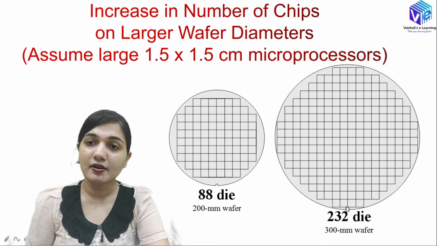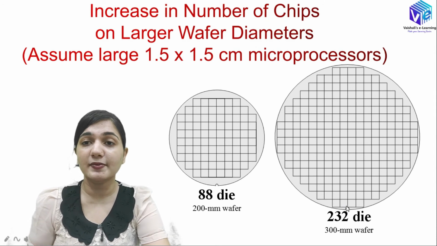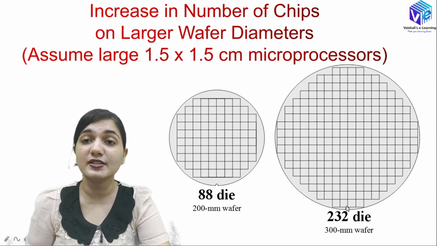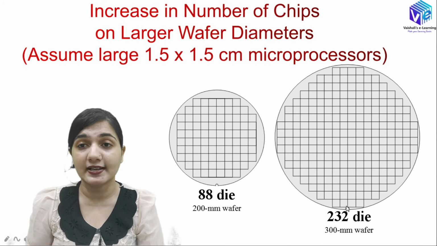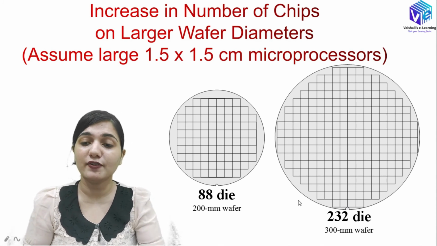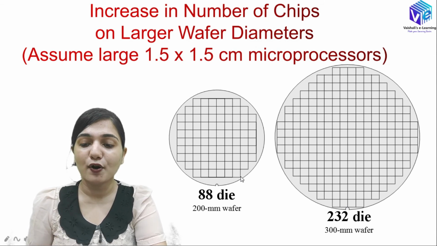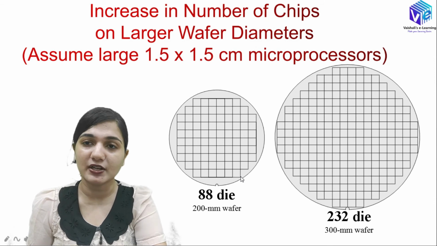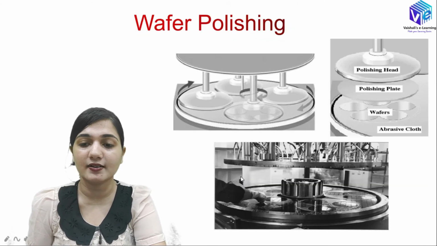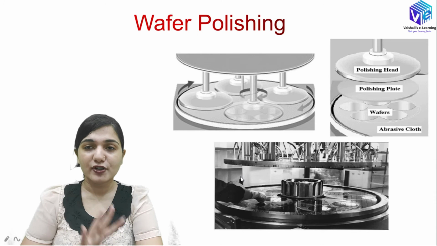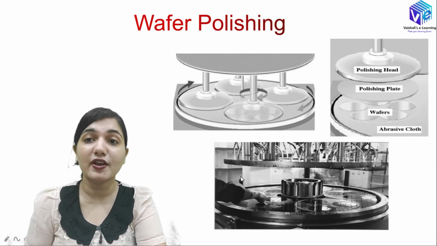If the area is bigger, then we have a bigger wafer size, which means we have a larger thickness as well. If I go towards lower thickness, I will have fewer chips manufactured from the given wafer, and this will make our system more costly.